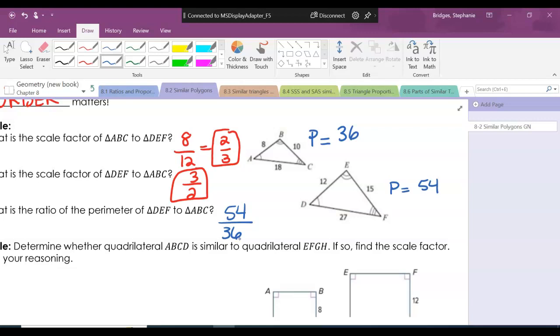So hit your second key, then hit your fraction key again, and then hit equal. And that will turn it into an improper fraction for you.